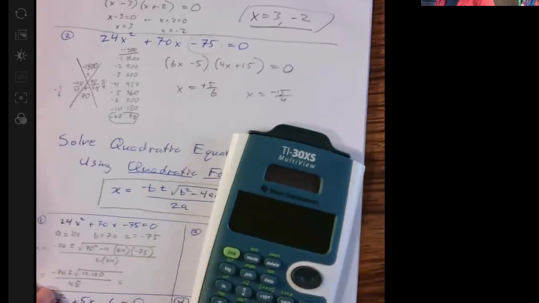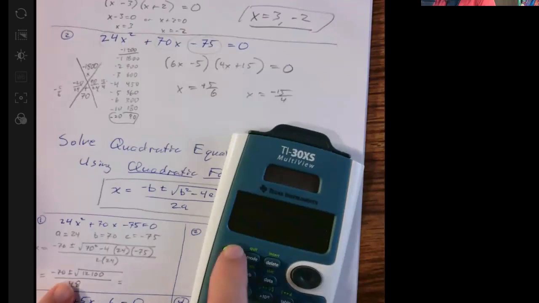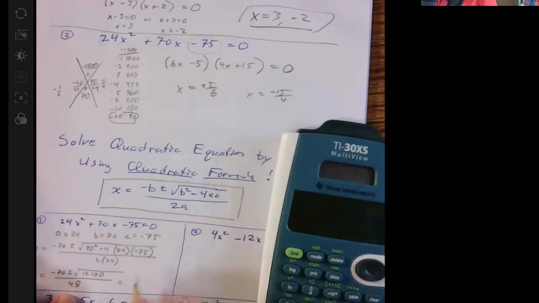Okay, so how do I find this? Well, it's going to be negative 70 minus, remember I said plus minus is you subtract it and then you add it to get the same answers. I'm going to do negative 70 minus the square root of 12100, and I'll divide that by 48, and I'm going to get negative 3.75.